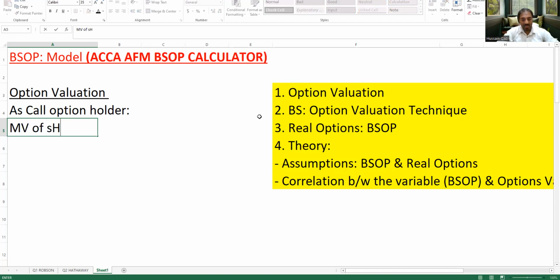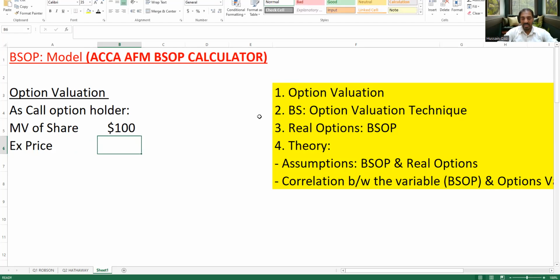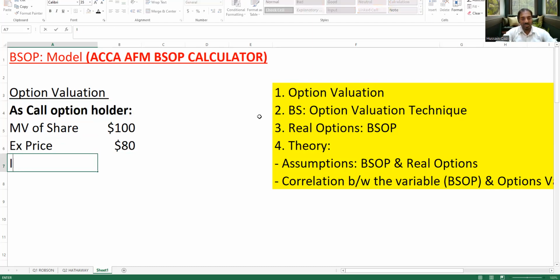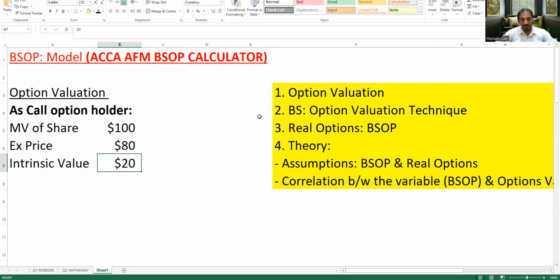The market value of the share is, for example, $100, and the exercise price is $80. So as option holder, the immediate advantage is called intrinsic value. How much is the immediate advantage? That's 20.